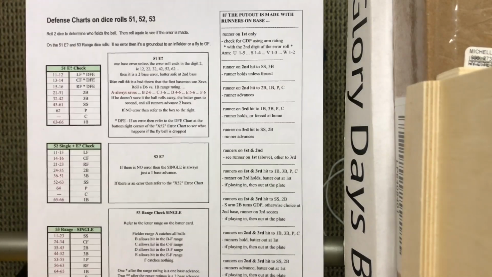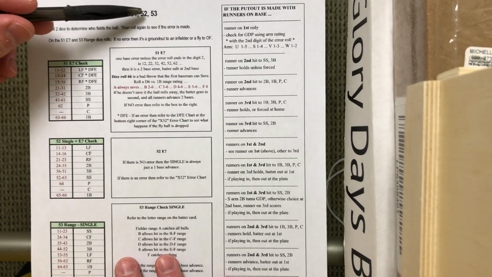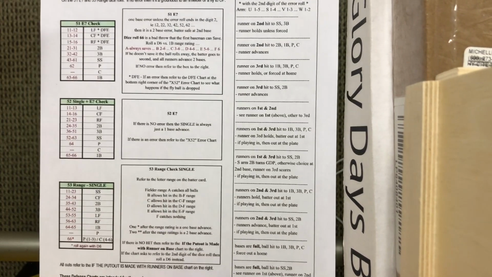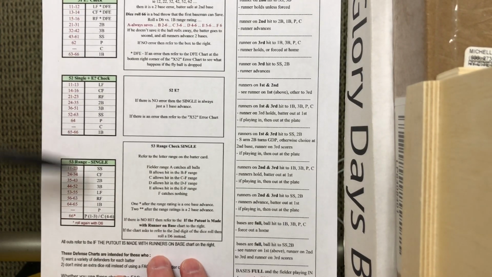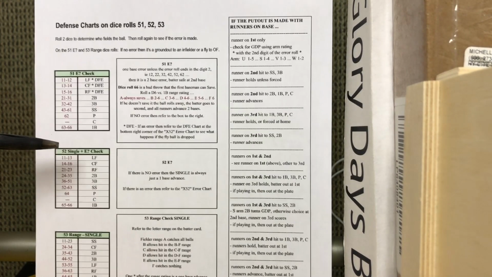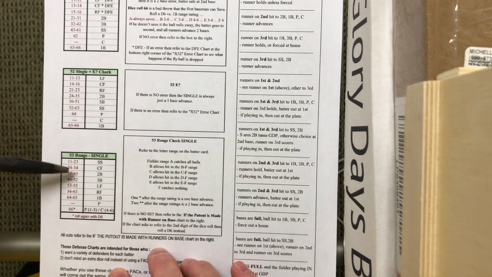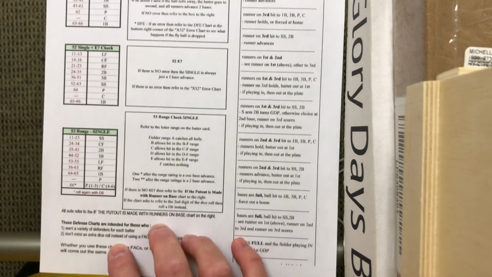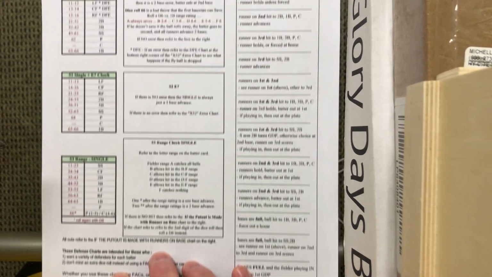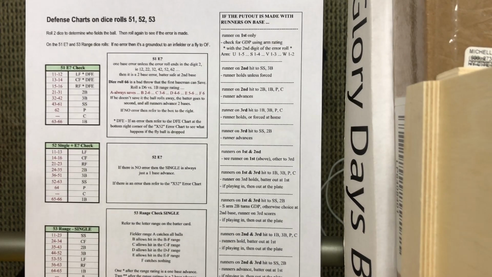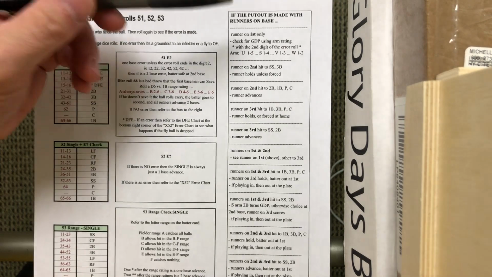So that's a couple of pages. And then if you roll a 51, 52, or 53, what happens? These are different types of challenges for errors and range checks. So you may have to get to the kitchen and check the range.